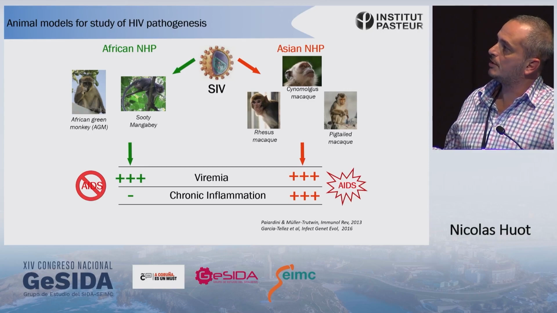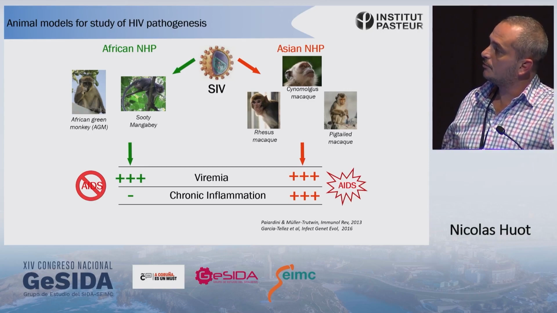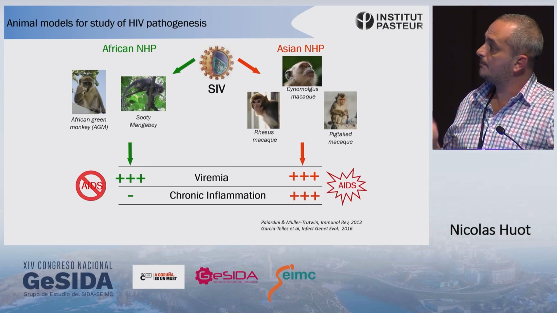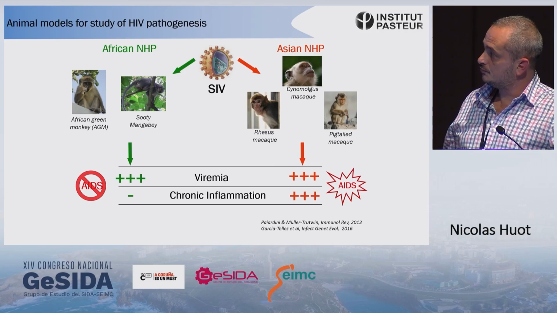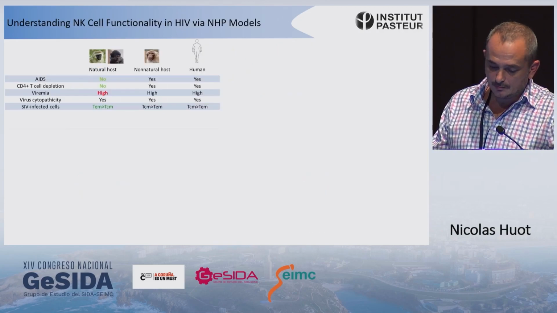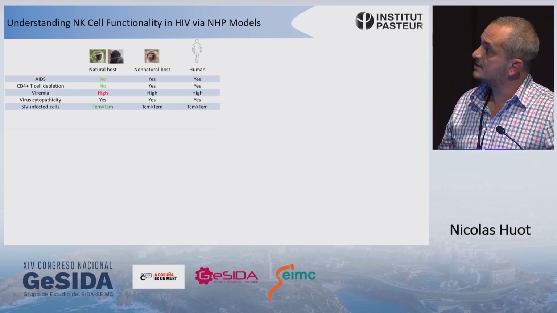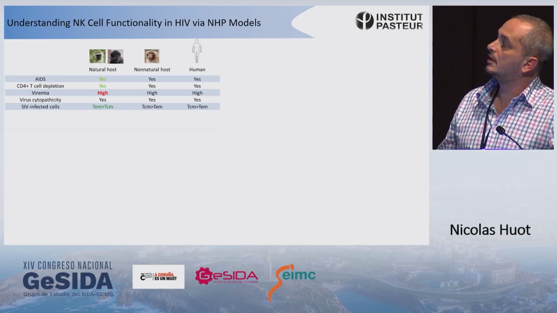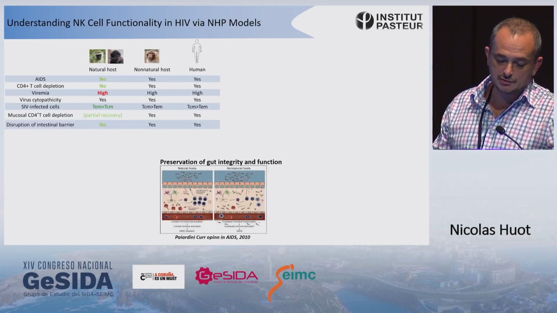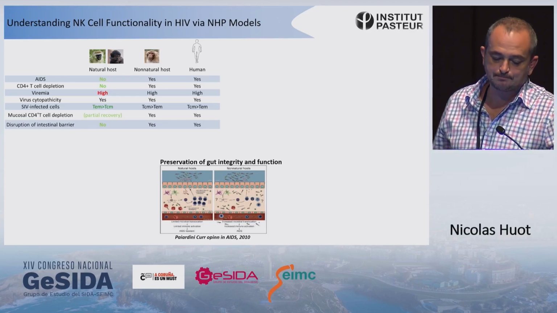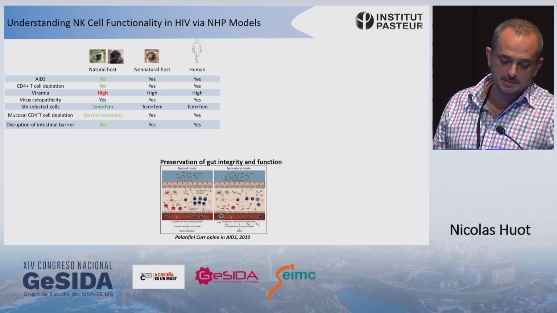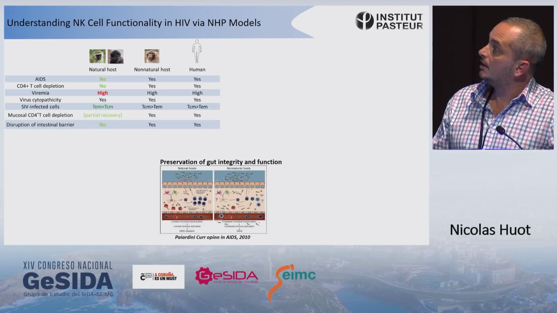I will speak about the African green monkey. African green monkeys have high viremia, but they do not have chronic inflammation. They never progress to AIDS. If we compare the 2 models, natural hosts have the capacity to preserve their CD4 T cells from mucosal depletion, and there is no disruption of the intestinal barrier.